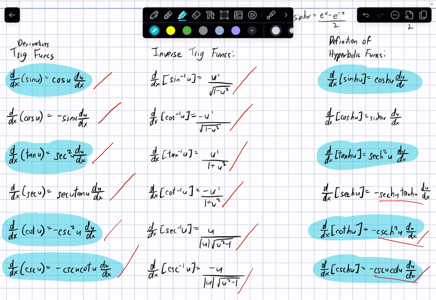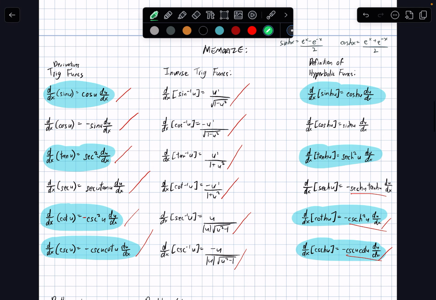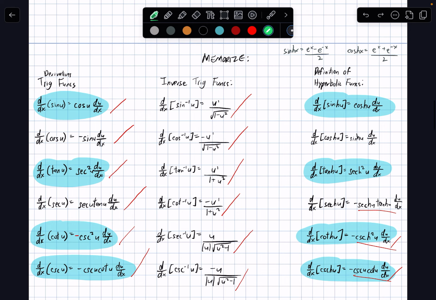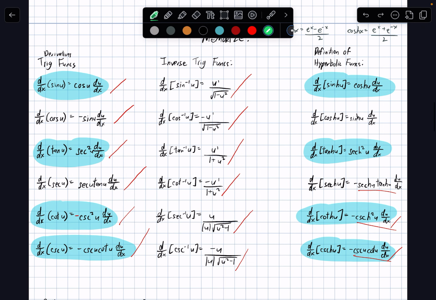What else? Okay, that's it. So if you memorize in a way where you lay it out exactly like this, you can see that this is negative, this one's positive, but this one's positive, this one's negative. Again, that's just my strategy. So I'd like to memorize it by writing the list in this exact order. Okay?